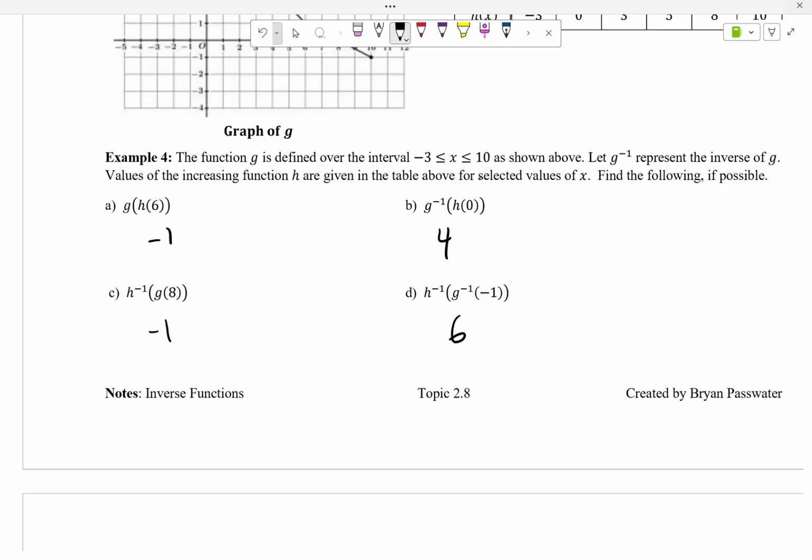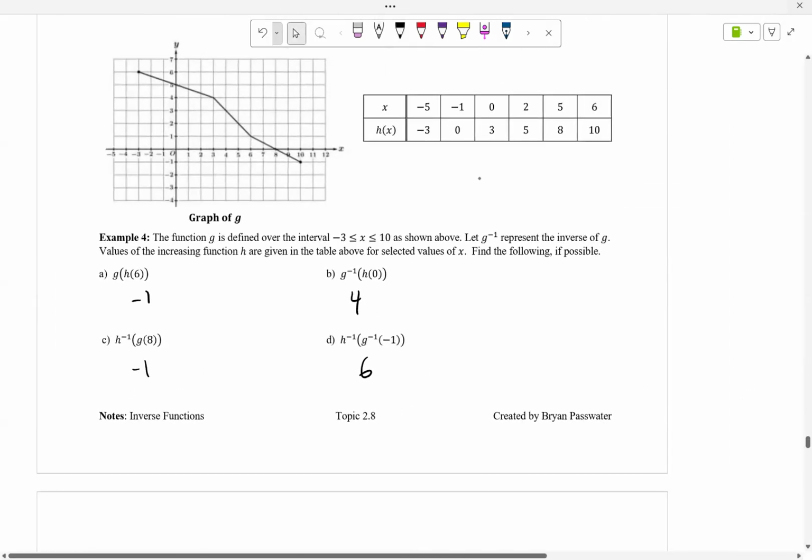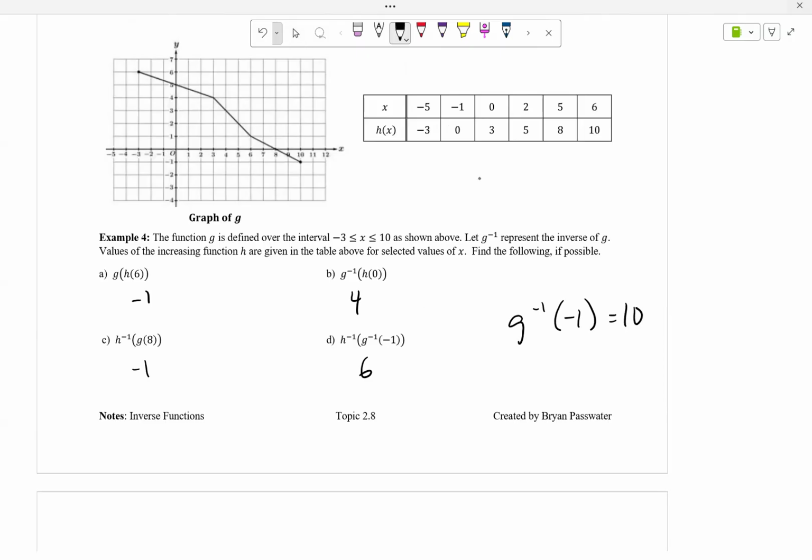Connor? We looked at -1 on the y-axis, and then it correlates with 10 on the x-axis. So then we plug 10 into each of -1. So you're saying that this is 10, is this true? And that's equal to 6?